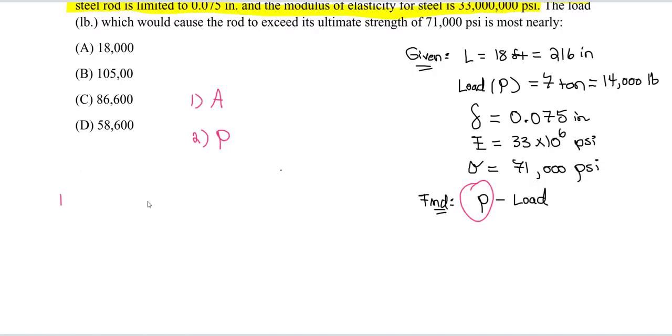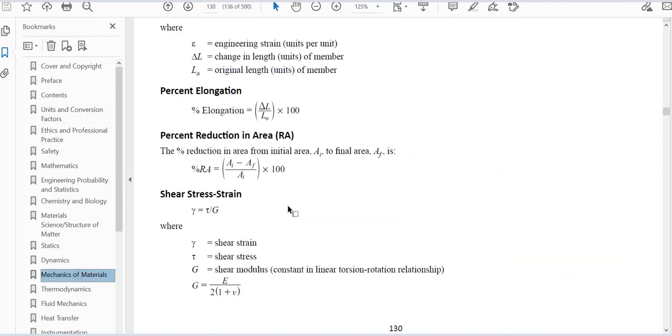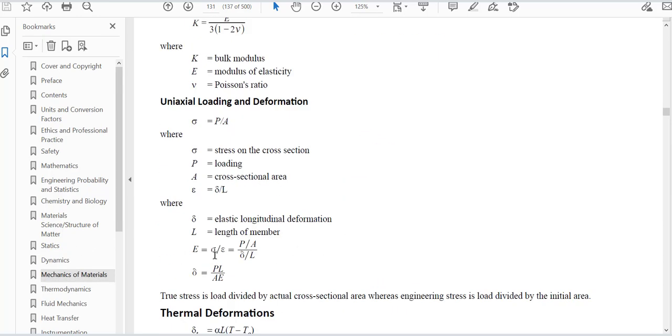So we will find the area first, and we can refer to the handbook and use the modulus of elasticity equation. And it's going to be one equation. If you go to the mechanics of materials section, you go down and it's going to be this equation. So from this equation we can find the area given the modulus of elasticity, given that 7-ton load, given that length, and given the deformation.